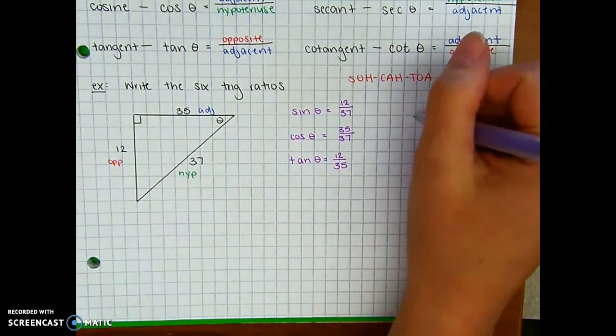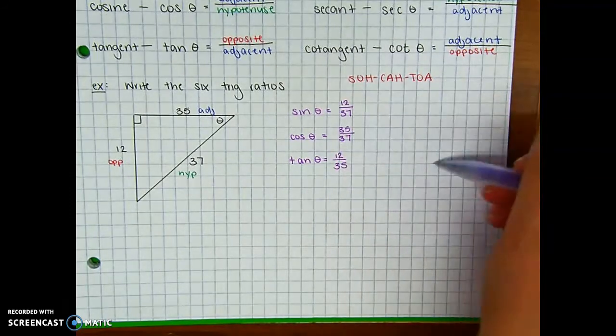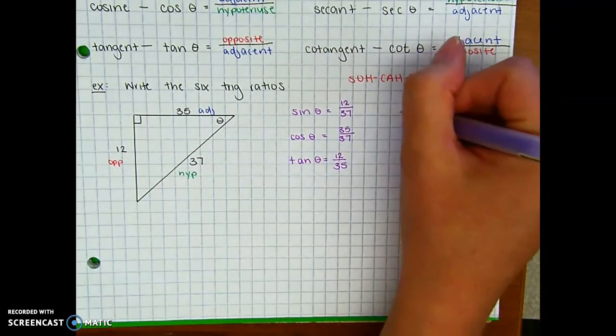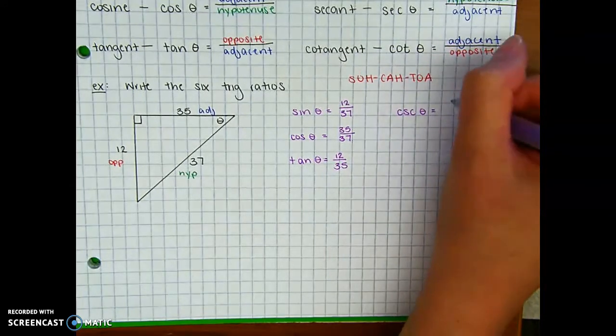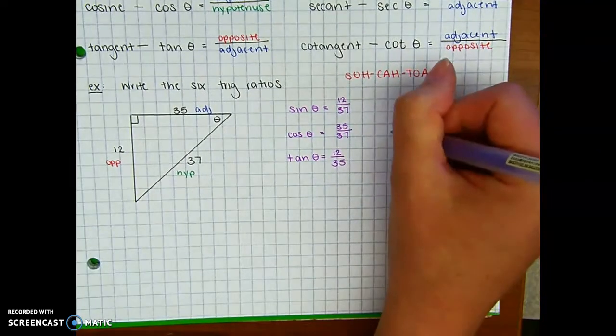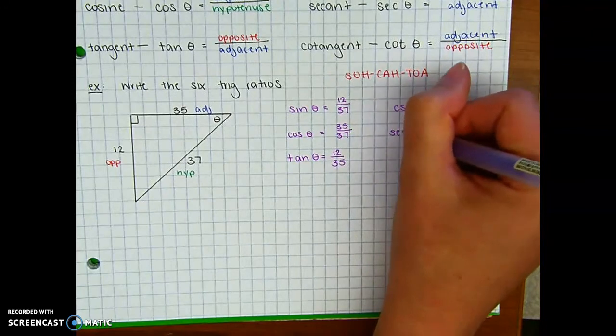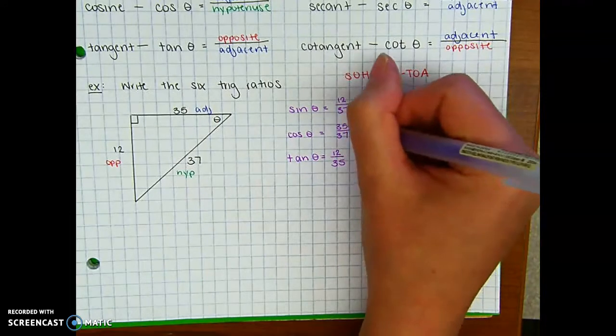We still have 3 more that we need to find, and so I like lining mine up with the reciprocal. So if this is sine, then cosecant is the reciprocal, so that's going to be 37 over 12. And we're going to leave it as an improper fraction. Then secant is the reciprocal of cosine, and that's going to be 37 over 35.